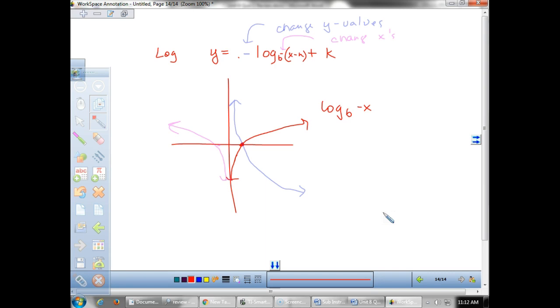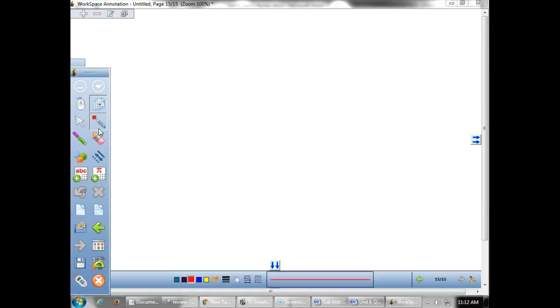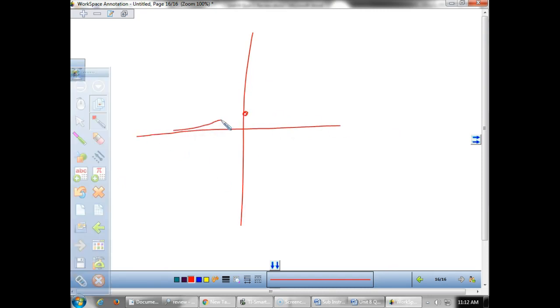So for this one, is this reflected over y equals x, and is the other one just reflected over the y-axis, or both of them reflected over y equals x? The only things that are reflected over y equals x are going to be when I have my exponential graph. That's really messy. Let me do it again. When I have my exponential graph, it looks something like this, growing up.